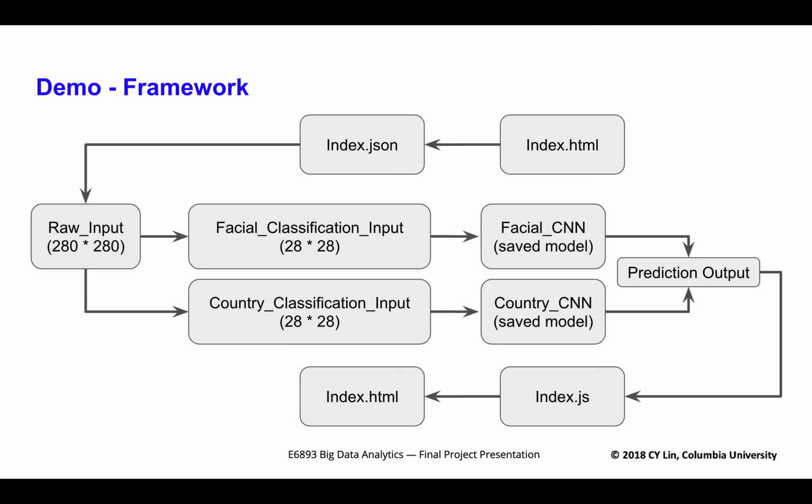After that, the PNG file is processed into facial classification input and country classification input, and sent into 2 models, the facial CNN saved model and the country CNN saved model, and we combine the prediction output and send the output to the front end, allowing users to see it.